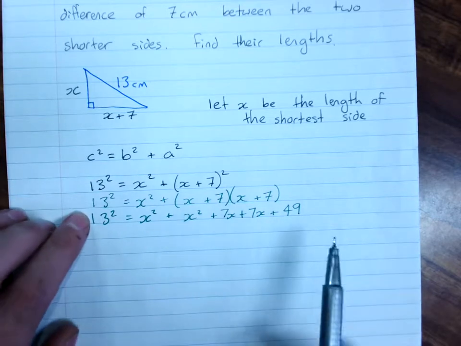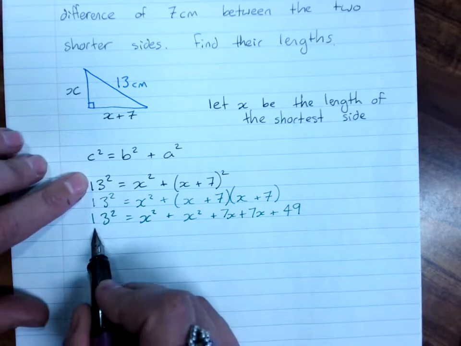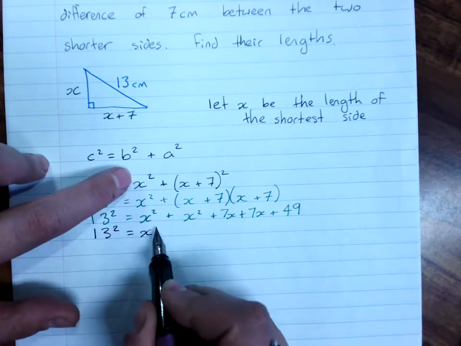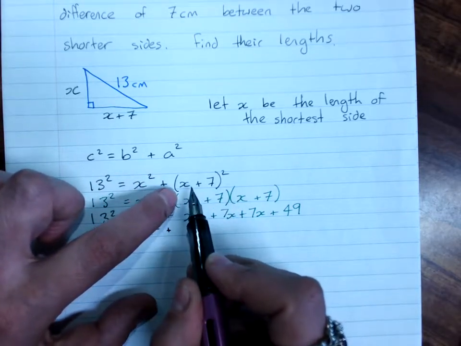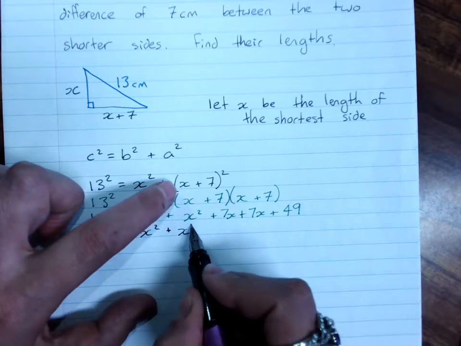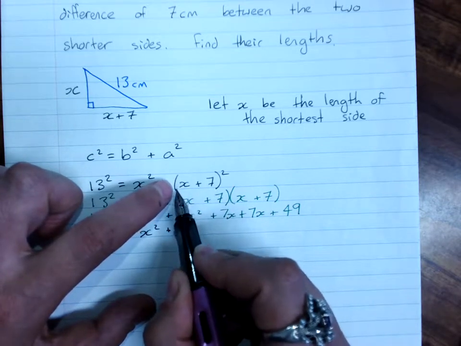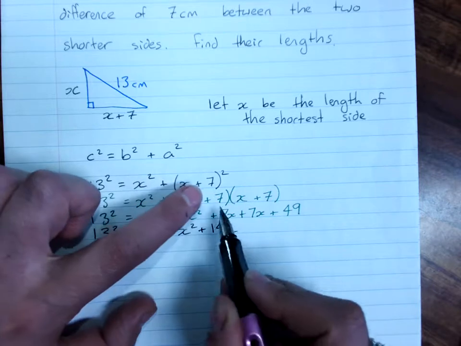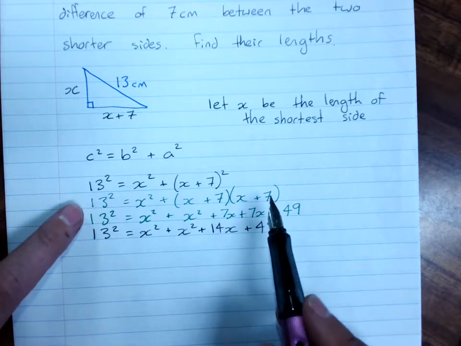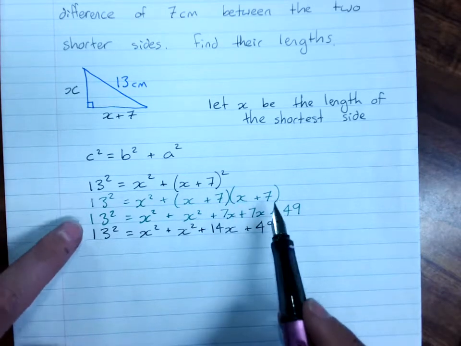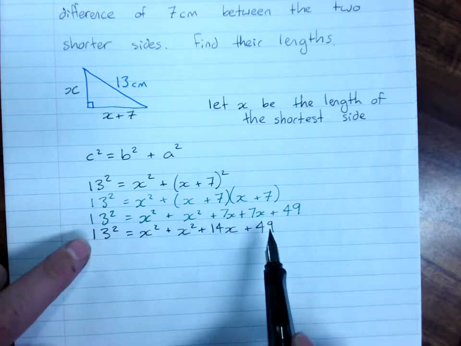Now I put those two in a different color because they actually are not needed, because I could skip straight to 13 squared equals x squared plus, and if you know the trick for expanding a perfect square, you square the first one, x squared, multiply the two terms, 7x, and I need two of those, so that's 14x, and square the second one, plus 49. But if you're not really comfortable with that shortcut, you can just put those two lines of working in, and that will let you get this answer without the risk of messing up.